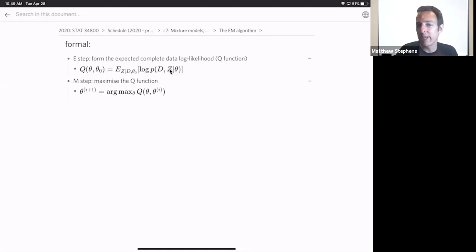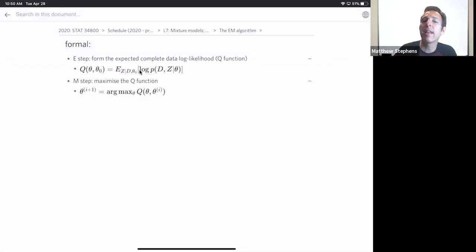So what are we going to do about Z? We don't observe Z specifically. Well, we take the expectation of this log likelihood with respect to the conditional distribution of Z given D and our current guess for the parameter, because this distribution depends on the mixture parameters, so we need some kind of current guess in order to compute a guess for Z. So this is a conditional distribution on Z. Think of this as estimating which component each observation came from, or at least the relative probability it came from each of the components.